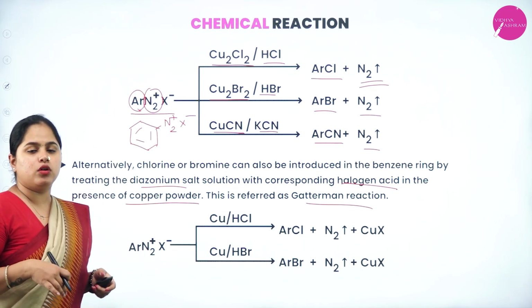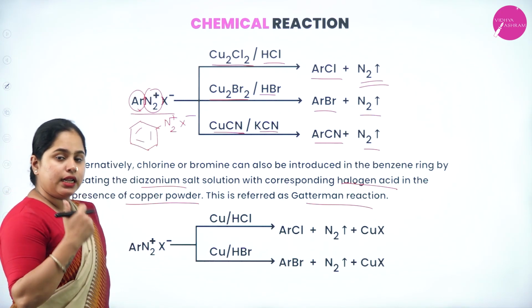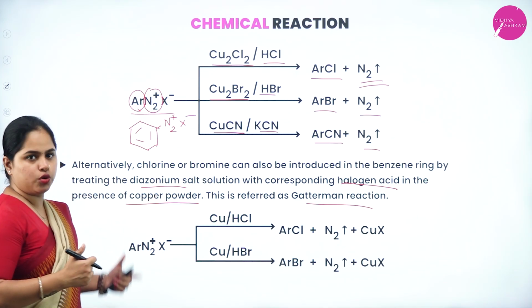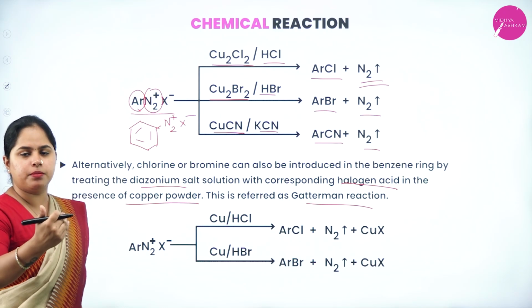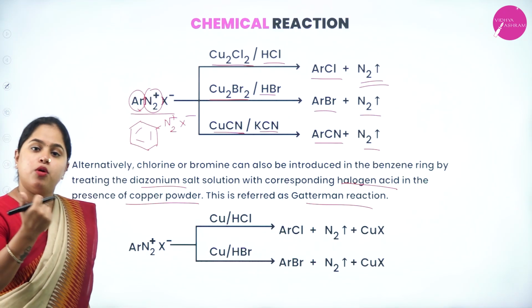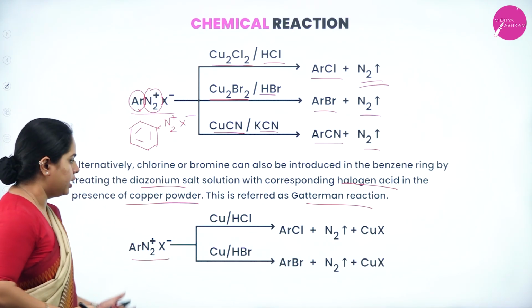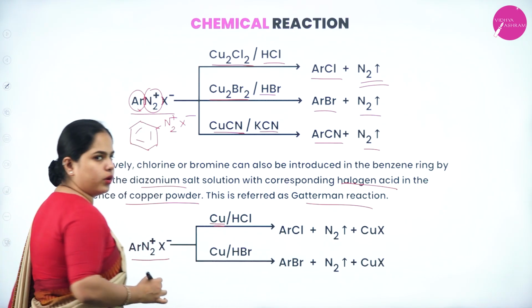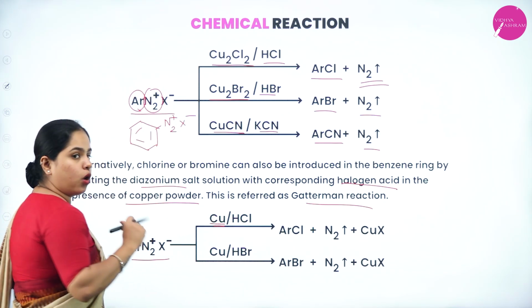Now, in another way also, you can produce chlorobenzene or bromobenzene by the reaction of benzene diazonium salt with the corresponding mineral acid. Corresponding mineral acid means if you require chlorobenzene, you use HCl. If you require bromobenzene, you use HBr. So you can see here benzene diazonium salt reacts with copper powder. Okay, here earlier we used cuprous chloride or cuprous bromide, but here it is copper powder.